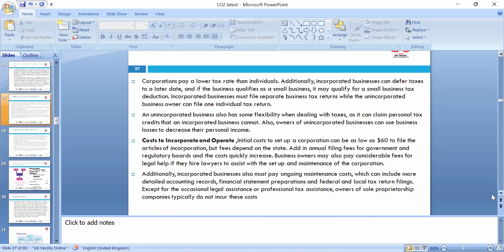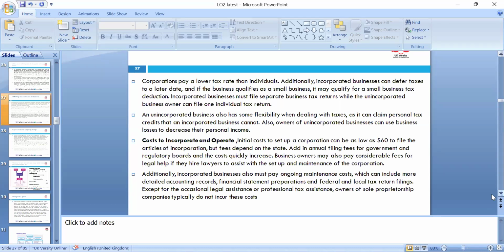The incorporated business can defer the tax to a later date. If the business qualifies as a small business, it qualifies for the small deduction. An incorporated business must file a separate business tax return. An unincorporated business owner can file an individual tax return. So that is the key difference between incorporated and unincorporated businesses.